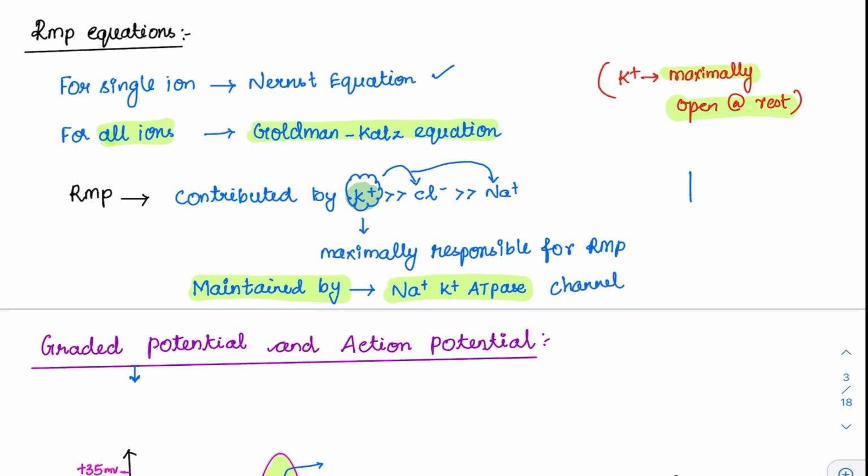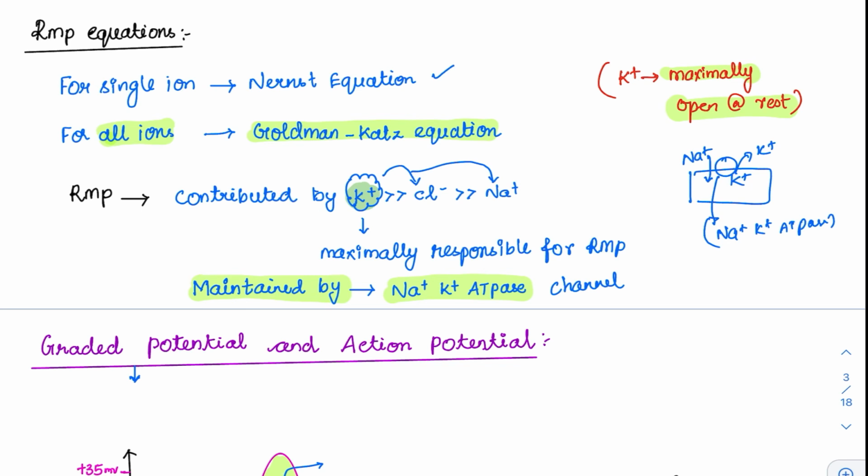For example, once potassium has gone out more, or sodium has gone in more because of their chemical gradient, somebody has to put them back to their original places, and that somebody is the beautiful channel, the sodium potassium ATPase channel. So sodium potassium ATPase channel does not generate the RMP, it is the maintenance of RMP.